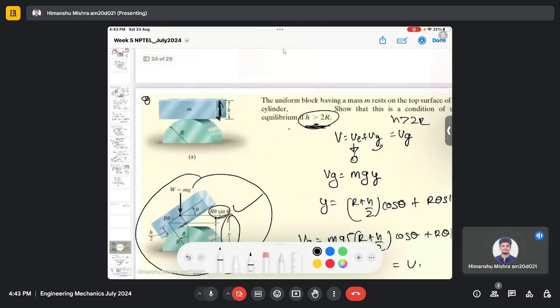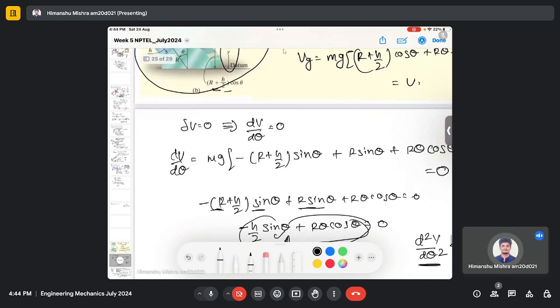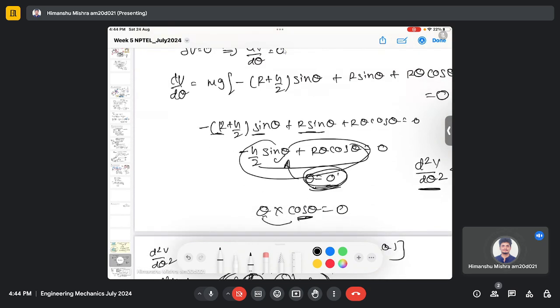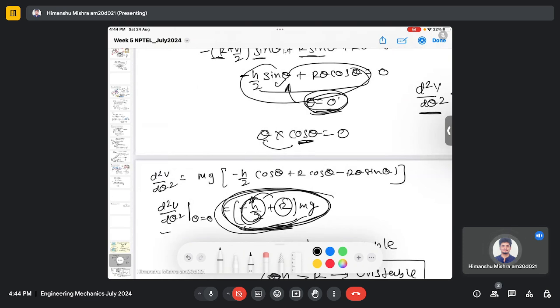So in this question we just need to figure out whether the system is unstable or not, or what are the conditions for this unstable condition. So we use the energy principle. We first find out the potential energy. We then use the principle that the rate of change of potential energy should be equal to 0. When we use that, we actually got the equilibrium position theta, which is 0. Then we found the instability by taking the double derivative of the potential energy at the equilibrium position.